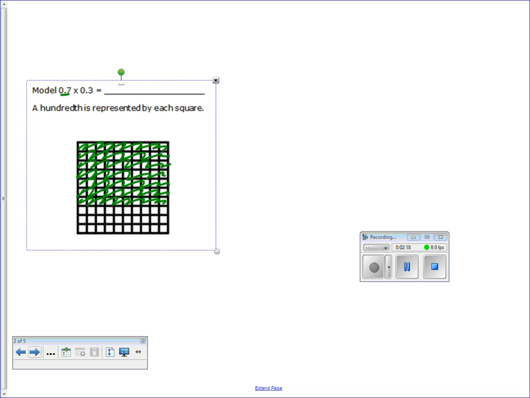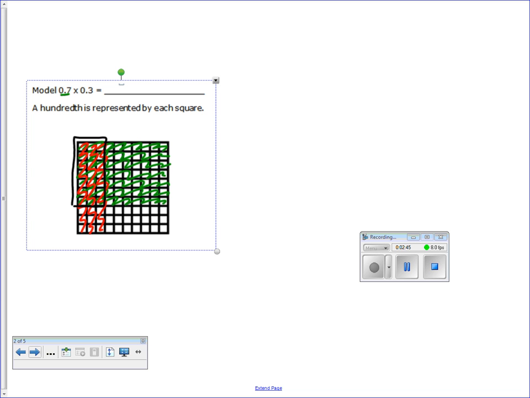Do the other factor vertically. 1/10, 2/10, 3/10. Now, where both of them meet, or both of them cross, right here, that's going to be our answer.